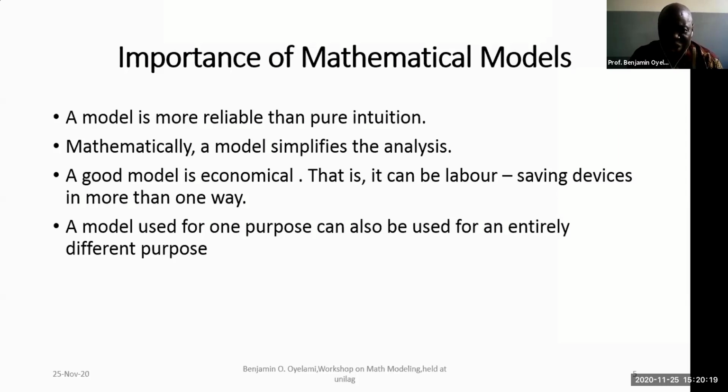You can still use the same model in studying crime, like Professor Emo discussed yesterday. The same model can also be used to study corruption because all of them share the same pattern one way or the other. So a very good model must have general utility. It will not be specific to the problem, for it to be a good model.